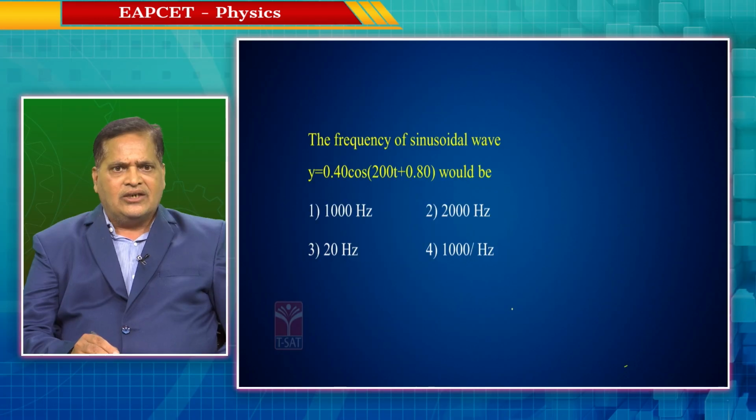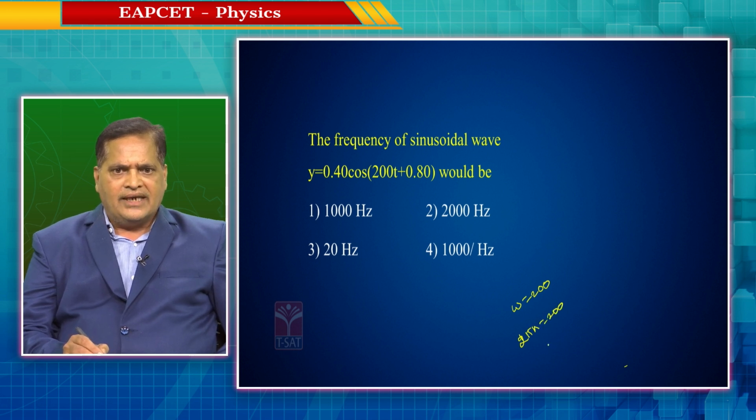You know that in 200t, omega is equal to 200. Therefore, omega is 2 pi n, so 2 pi n is equal to 200. Therefore n is equal to 200 by 2 pi. This is the answer.